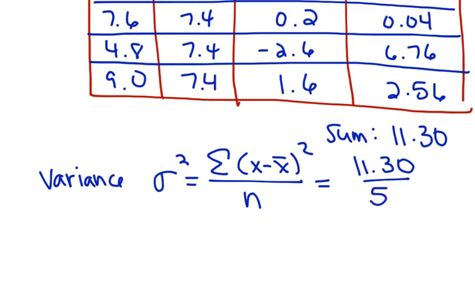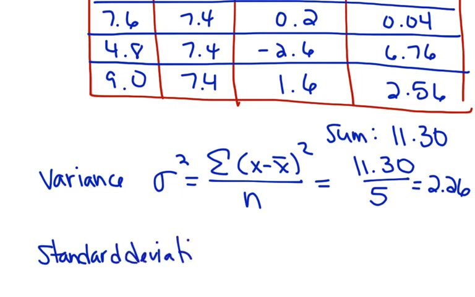I have 5 numbers. I'm going to get 2.26. That's the variance. And to find the standard deviation, all I have to do is take the square root of 2.26, which is going to be approximately 1.5.